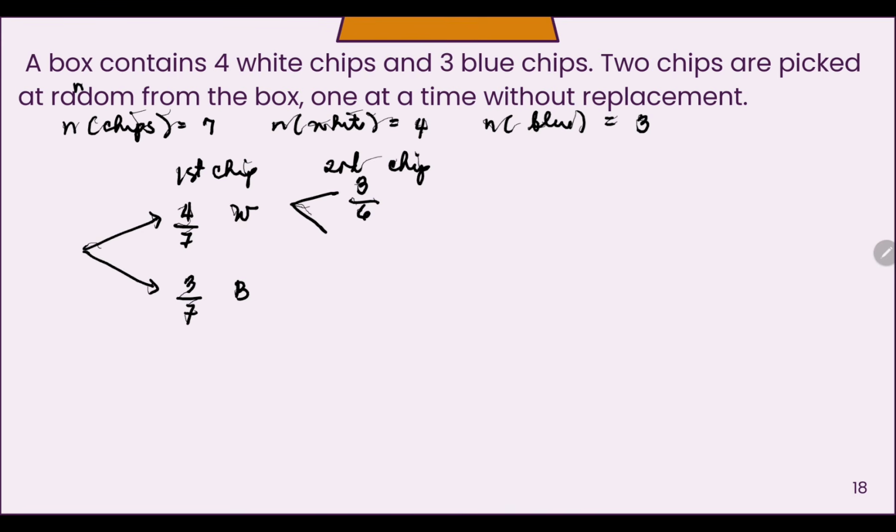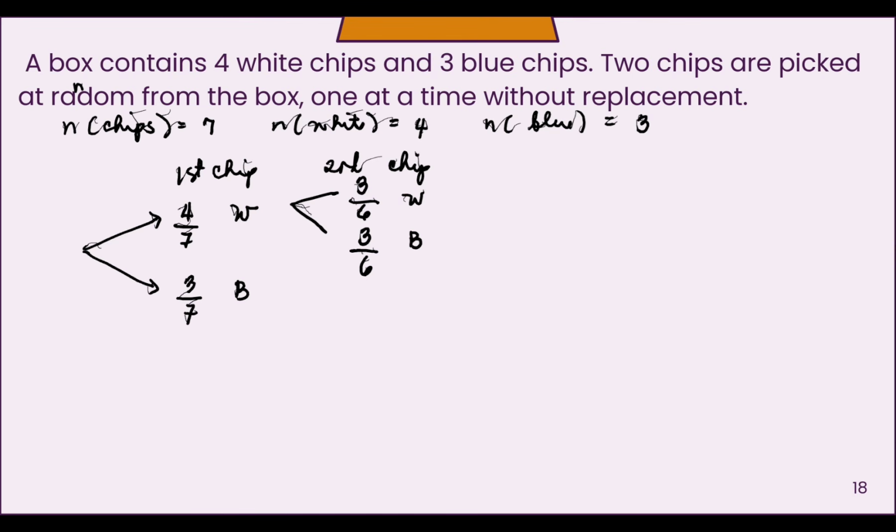Got the point? Then, this is for the white, and then for the blue, inasmuch as a blue has not been taken out, therefore, there are still 3 blue chips, but there are only 6 also in the box, considering that 1 white chip has already been taken out.